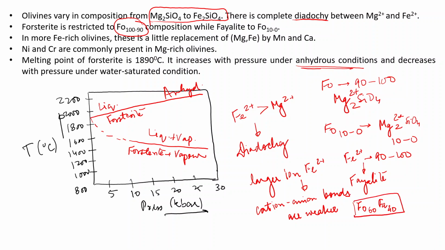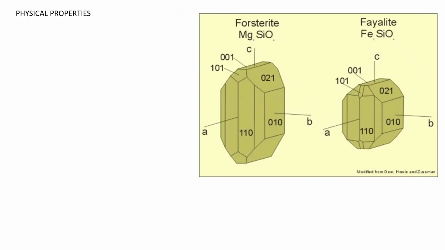Definitely this is an intermediate composition, and the melting point will now be lower than in the case of FO 90 to 100. Why? Because fayalite, which now constitutes 40% of the solid solution series, has more Fe2+ ions, and as a result the bond strength becomes weaker, and the temperature will keep on going down.